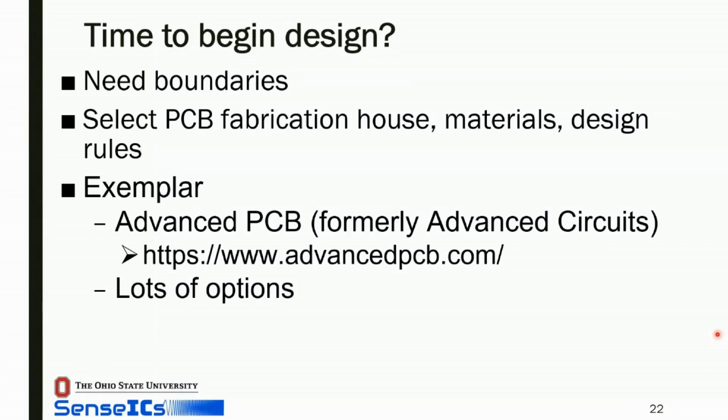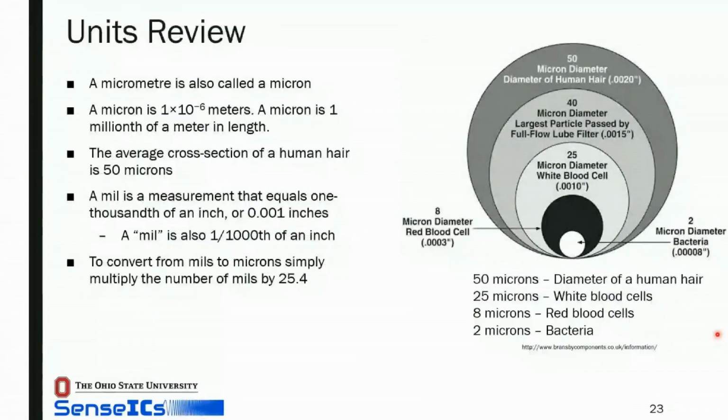Okay, so before we get into the nitty-gritty of actually doing a design activity, we all have to be able to speak the language of units that are used in PCB design. In the United States, we actually still use things called mils, which is 1/1000th of an inch.